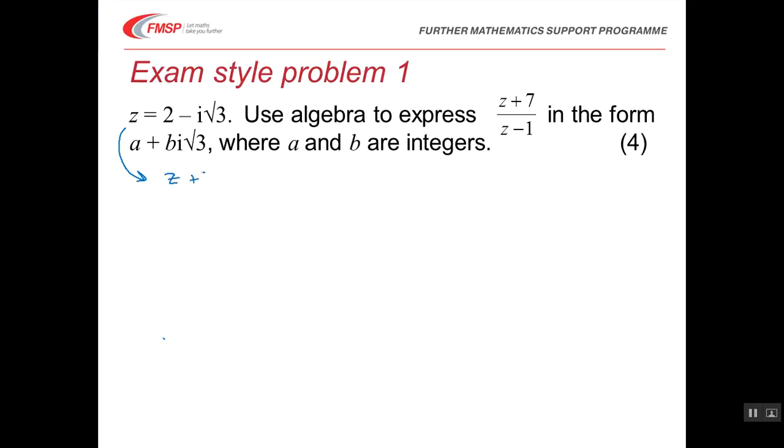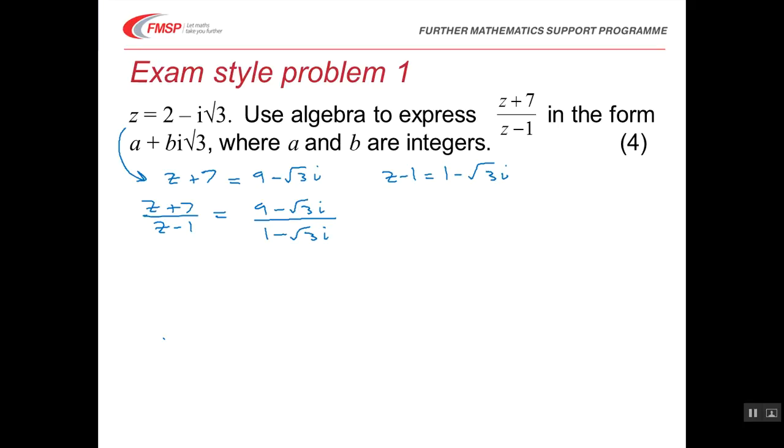Start off, just check z plus 7 is going to be 9 minus root 3i, so I'm going to put the i after the root 3, and just checking the denominator, we've got z minus 1 will be 1 minus root 3i, and therefore the problem z plus 7 over z minus 1 will be 9 minus root 3i divided by 1 minus root 3i.